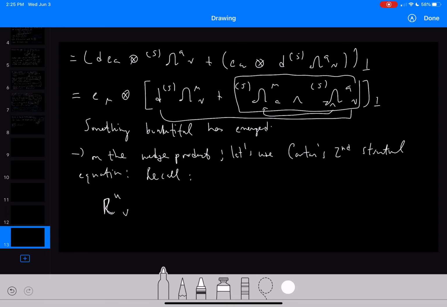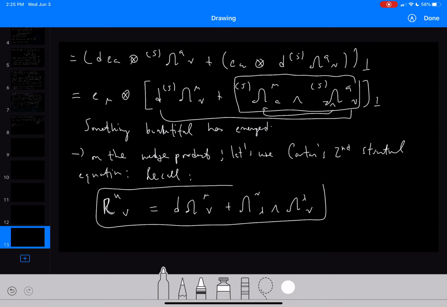And indeed, I wrote it a few slides ago with 4 indices. But Cartan's structural equation writes it with 2 indices, and you'll see why. I'll explain it in a second. So this is actually the Riemann curvature tensor, and it's the exterior derivative of the rotational form plus omega mu lambda wedged with omega lambda nu.